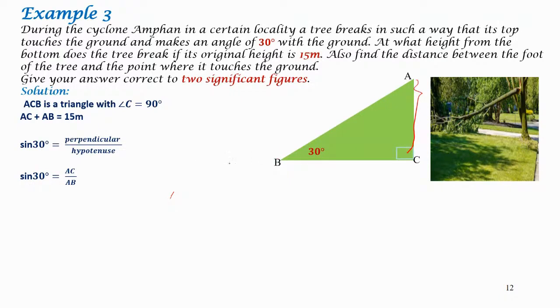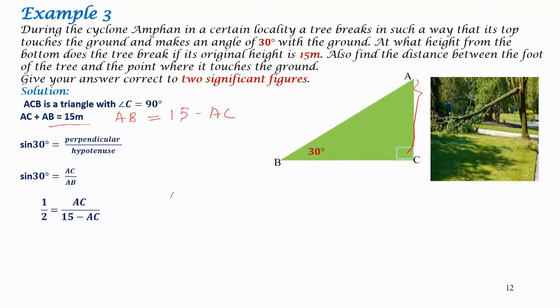So sine 30 is AC by AB. Now sine 30 is equal to half from our standard angles, because this is a standard angle. AC I am going to find out, so I cannot have two unknowns. So AB from this given data, from here I'm writing AB is equal to 15 minus AC.